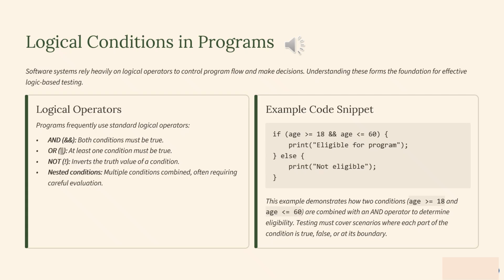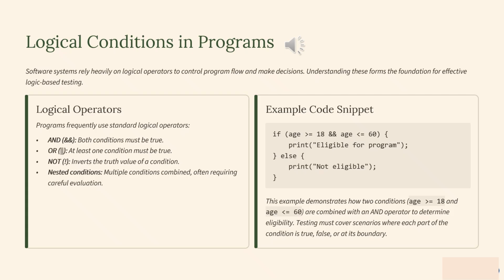Next, example code. Let us look at a simple example program. If the age of a person is greater than or equal to 18 and less than or equal to 60, the program prints eligible for program. Otherwise, it prints not eligible.